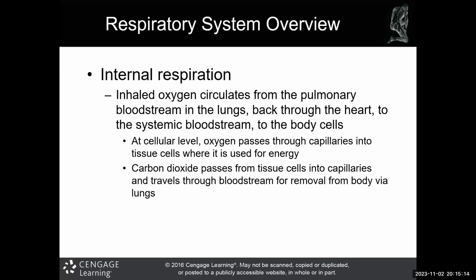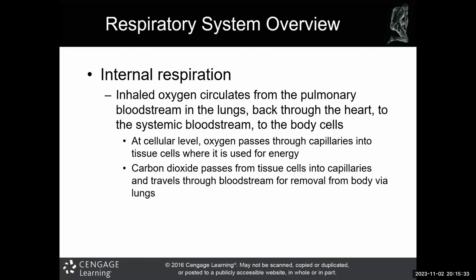Internal respiration: inhaled oxygen circulates from the pulmonary bloodstream in the lungs back through the heart to the systemic bloodstream to the body's cells. So we deliver oxygen to all the cells in our body. At a cellular level, the oxygen passes through the capillaries.